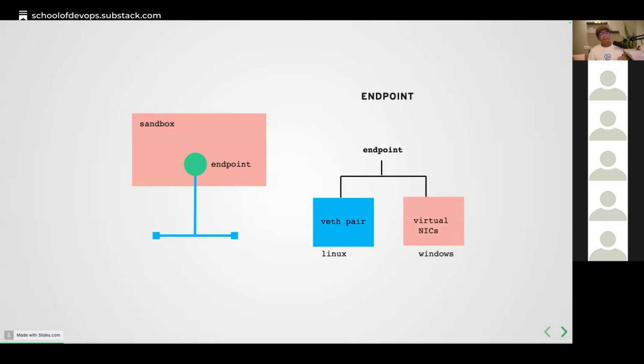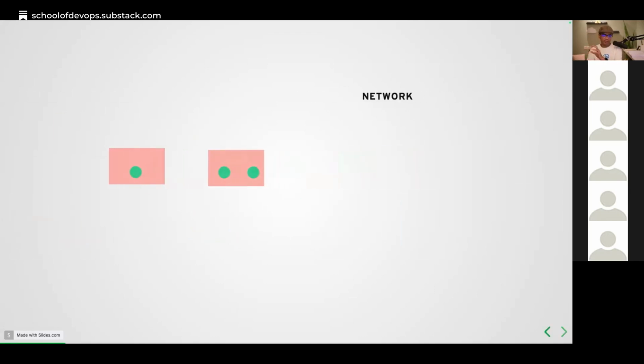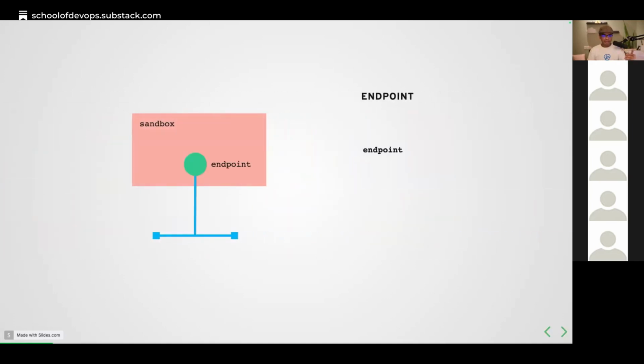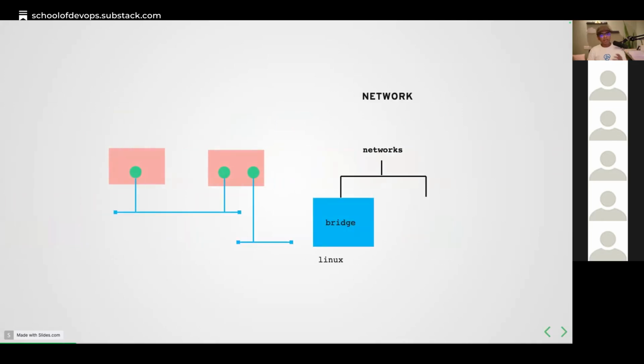So it is the veth pair on Linux versus virtual NICs, network interface cards, created by Windows, a similar technology. And then the third thing is a network. There is a sandbox, then an endpoint, and that endpoint is connected to the network, which can be a bridge network or an overlay network. In the case of Linux, it is implemented using Linux bridges.